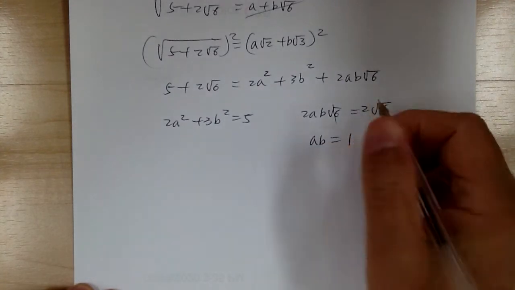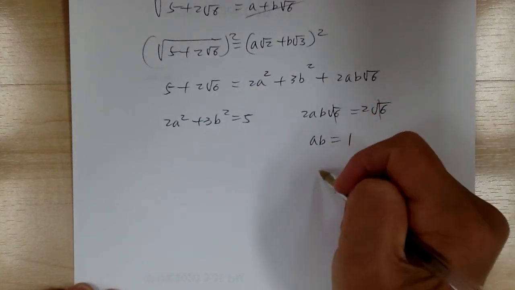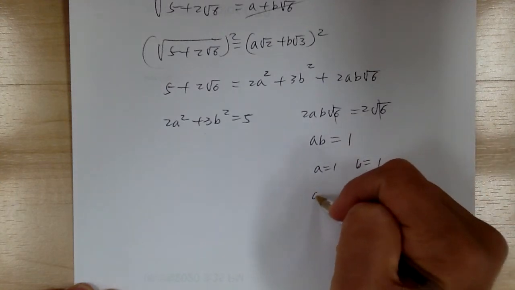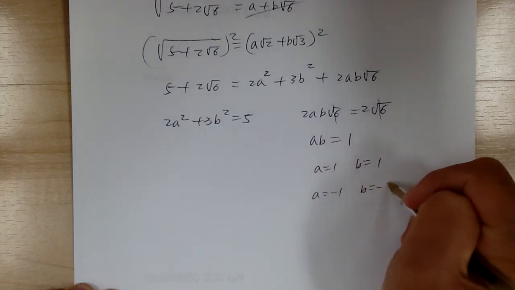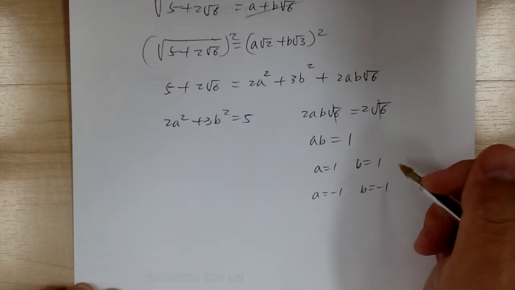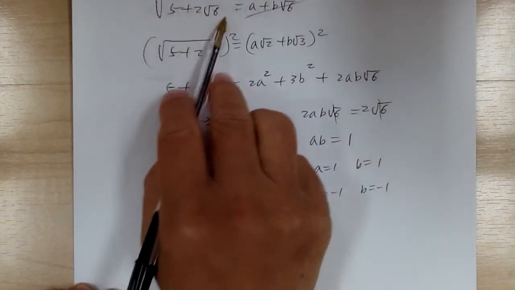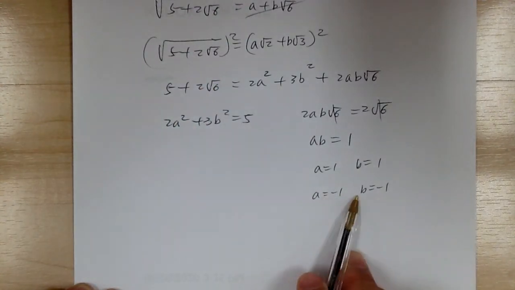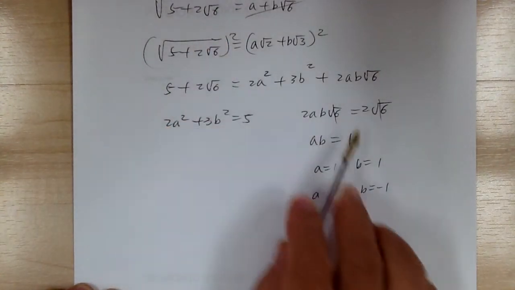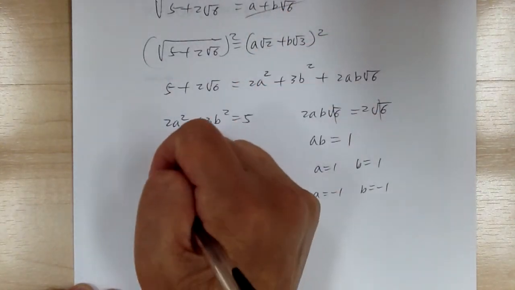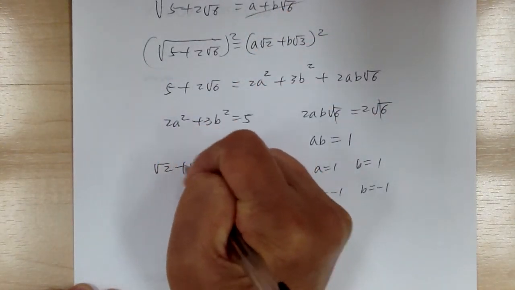Okay, so by just trial and error, you're going to get a equal to 1, b equal to 1, or a equal to negative 1, b equal to negative 1. Okay, so by trying, and again, if you notice, this has to be positive, right? So negative is not going to work. So in this case, you can see a equal to 1, b equal to 1. And so you're going to get square root of 2 plus square root of 3.